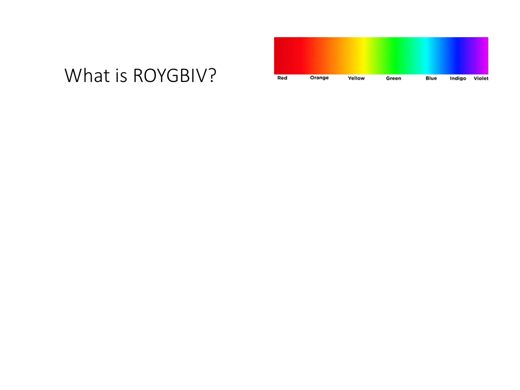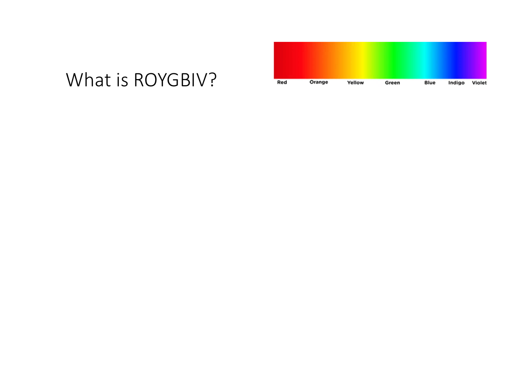So let's go on and think a little bit more about light and how it relates to color. Now, Newton separated the colored light that he saw exit the prism into 7 colors, which we know by the mnemonic Roy G. Biv, right? We've got red, orange, yellow, green, blue, indigo, and violet.